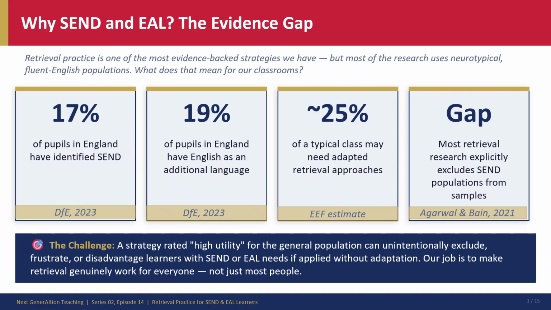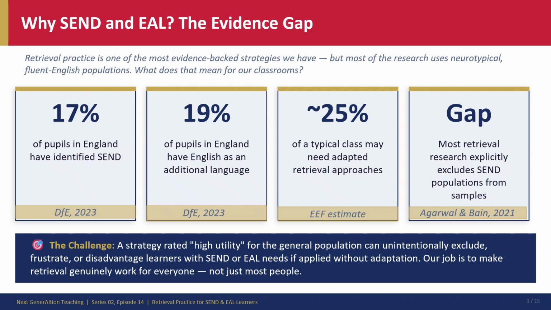This creates a real professional problem. We have strong evidence that retrieval practice works, but we have much weaker evidence about how to make it work for learners who face barriers to standard retrieval formats. That is the gap that this episode is designed to help you close.